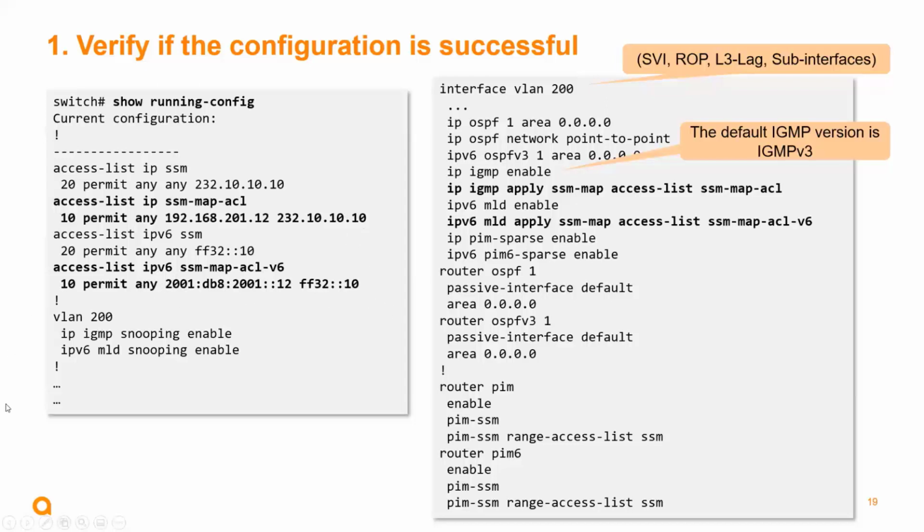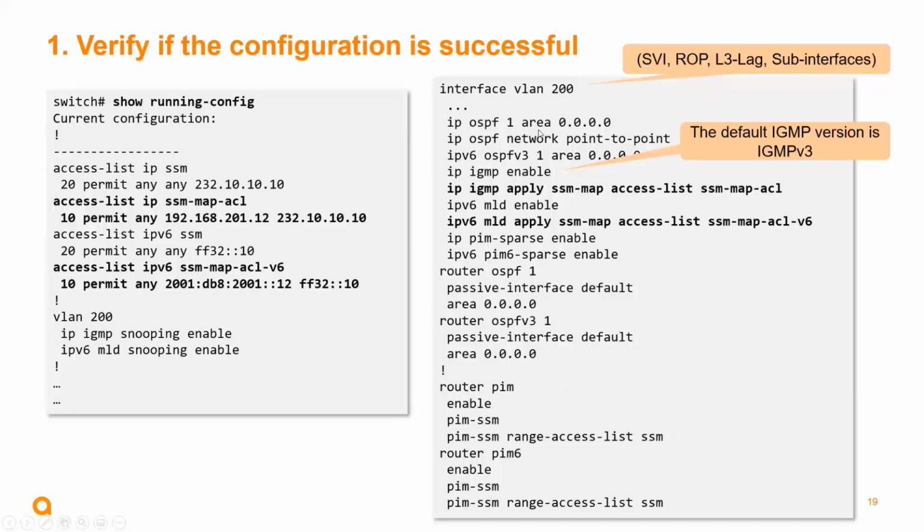So when we look at multicast verification, it's not just the ACLs, right? In here we do see we have enabled IGMP snooping and so on for VLAN 200, and you notice, of course, we have unicast routing functioning properly, and then dynamic multicast routing protocols enabled.